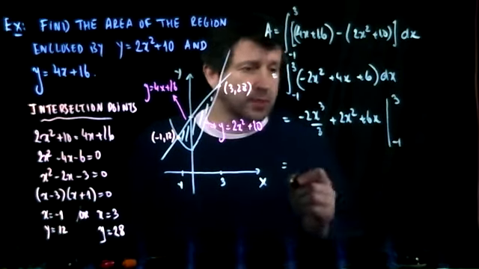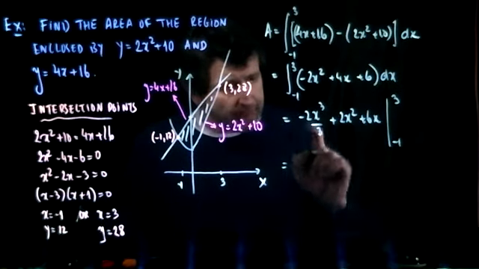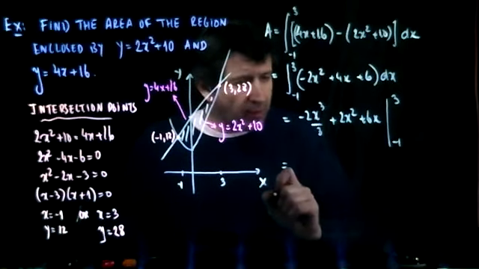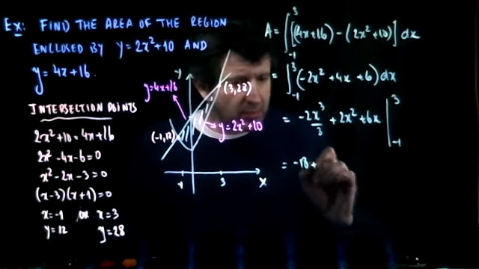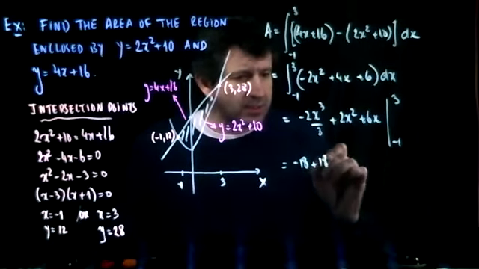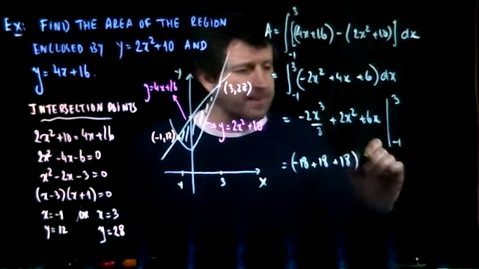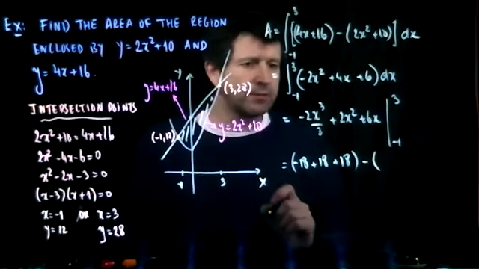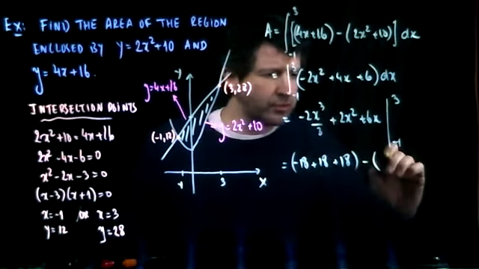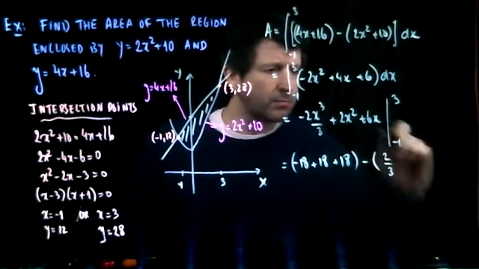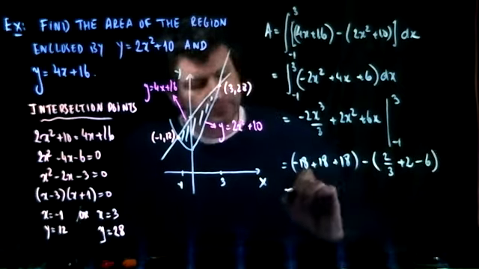At this point it's just plugging in. 3 to the power 3 is 27, 27 over 3 is 9, so that's -18, plus 9, so that's 18, and then plus 18. This is when I plug in 3, that's what I get. Minus, when I plug in -1, I have negative 2/3, plus 2, and minus 6. Okay, that's what I get.